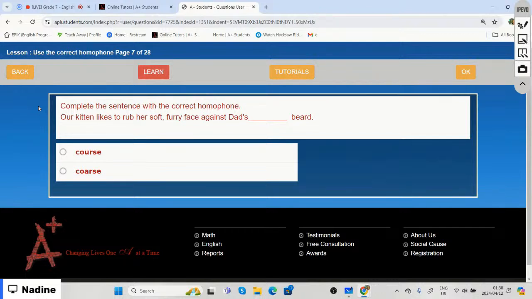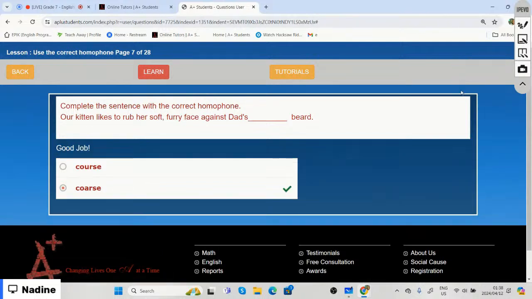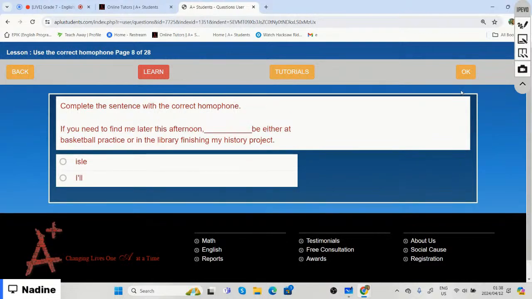So our kitten likes to rub her soft face against dad's. Let's go with coarse beard, right? Meaning it is coarse, it needs to be washed, needs a nice trim, right? That is what they mean by a coarse beard, right?